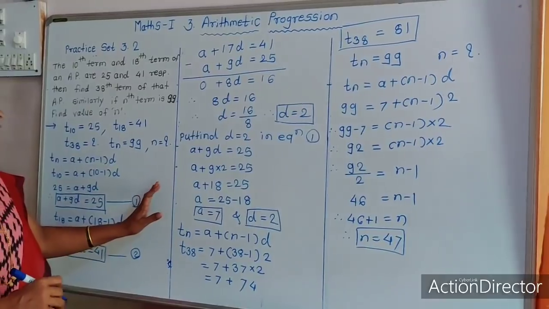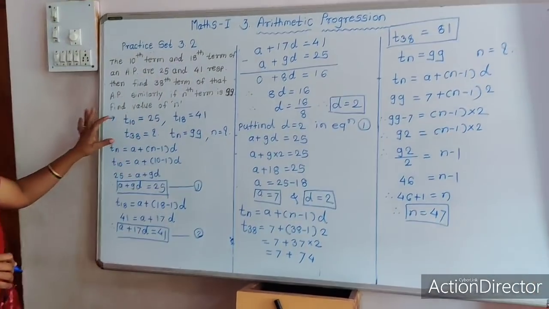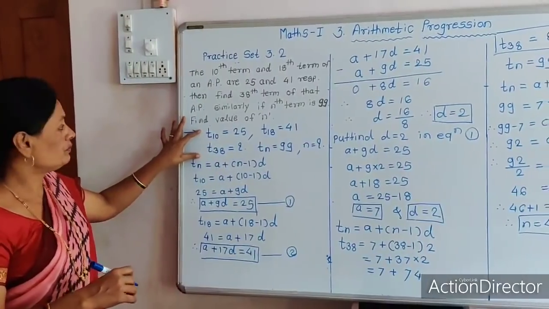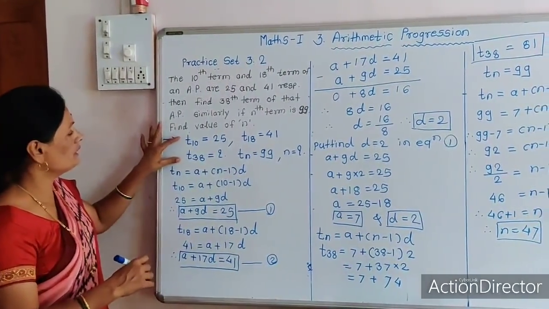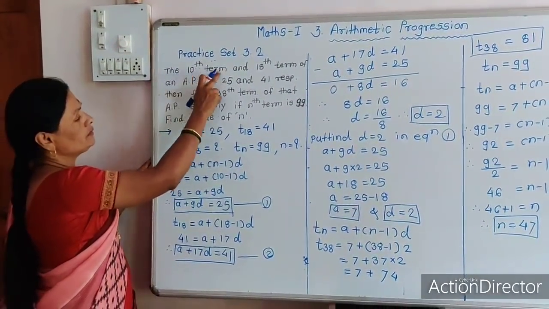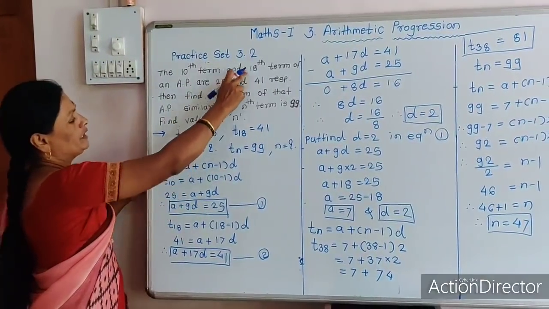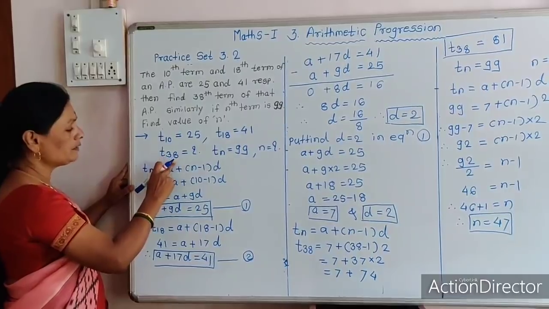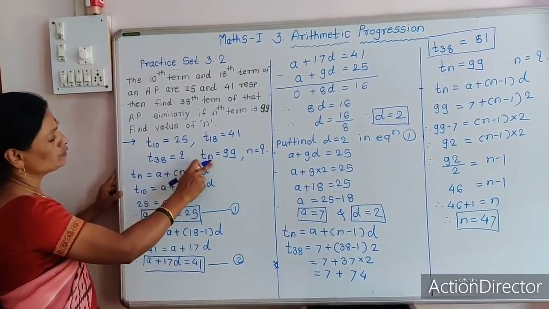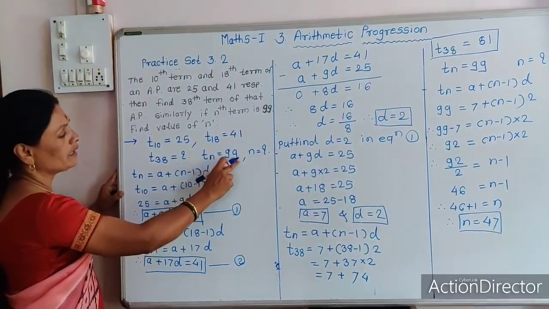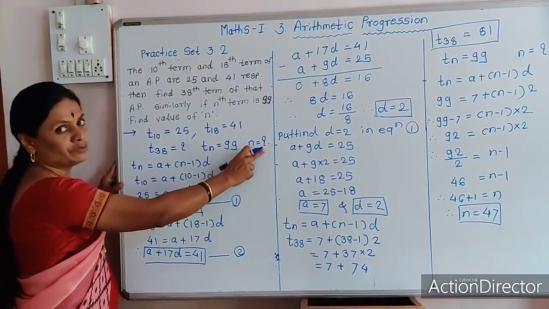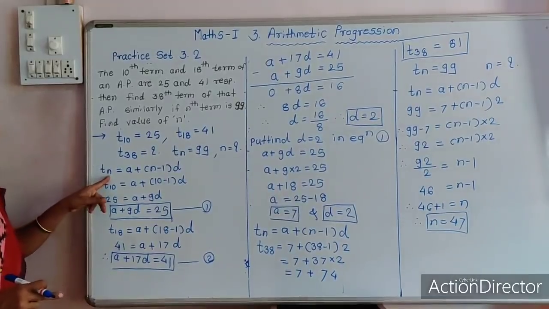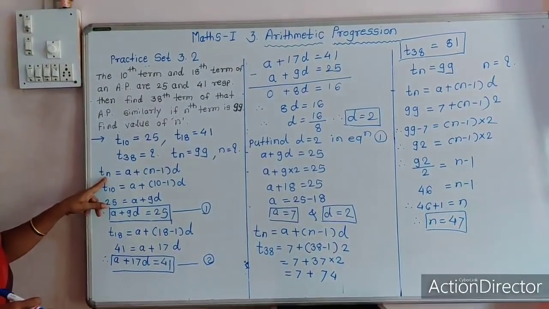Look here in this example. This is a hot example for 4 marks in the board examination. The 10th term is given. Also the 18th term is given. We have to calculate the 38th term, and also Tn is given and we have to calculate n. Now here first we write the formula of Tn.